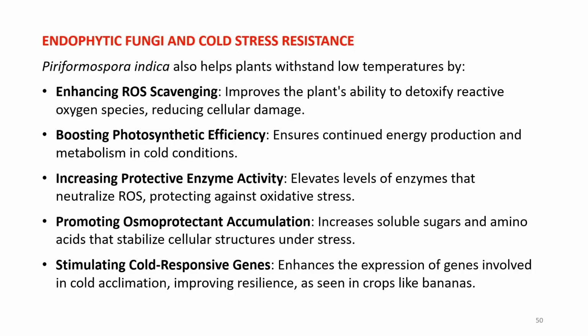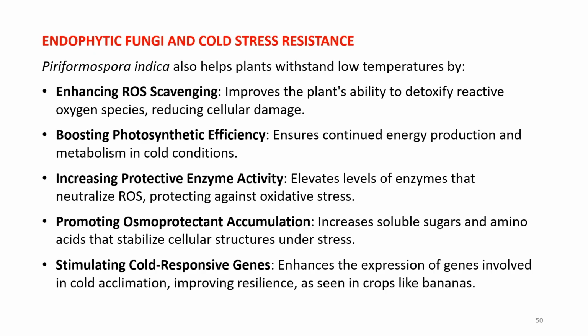Endophytic fungi also help plants in overcoming cold stress effects, or help in cold stress resistance. For example, this very species, Piriformospora indica, helps plants withstand low temperatures by enhancing ROS scavenging. This improves the plant's ability to detoxify reactive oxygen species, reducing cellular damage, and boosting photosynthetic efficiency ensures continuous energy production and metabolism in cold conditions.